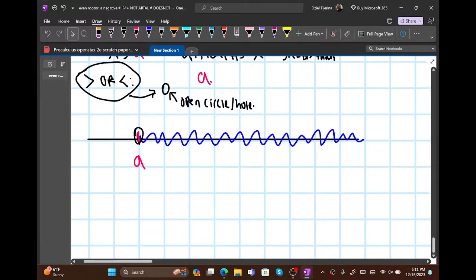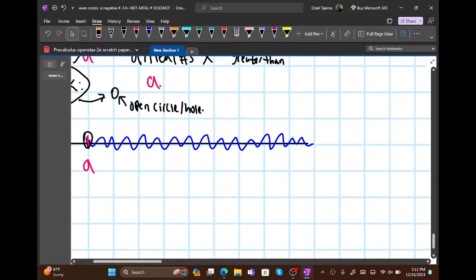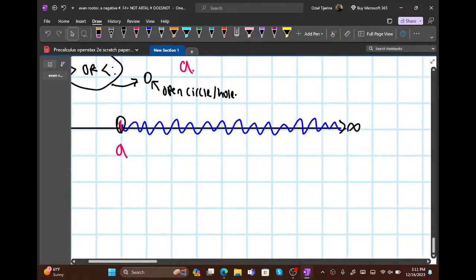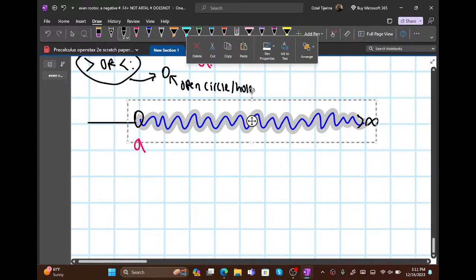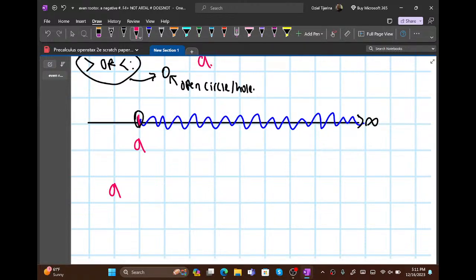Now, in interval notation, if I keep going forever and ever to the right, here's infinity. It's going to be from a, so here's the parenthesis at a, then a comma, and then infinity will have the closed parenthesis.